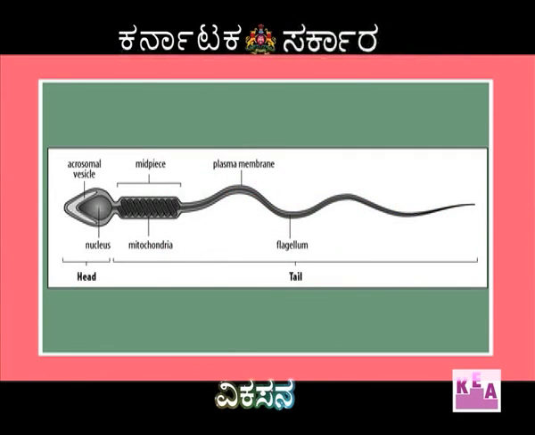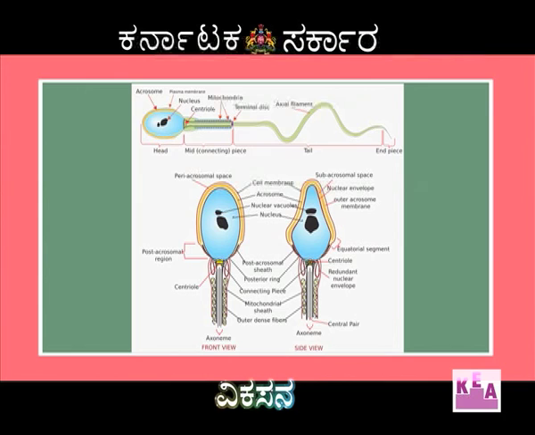You know that the head is very important because it consists of the acrosome as well as the nucleus. The acrosome is a modified Golgi complex filled with hydrolytic enzymes. Just behind the acrosome you can find a haploid nucleus in the head region.